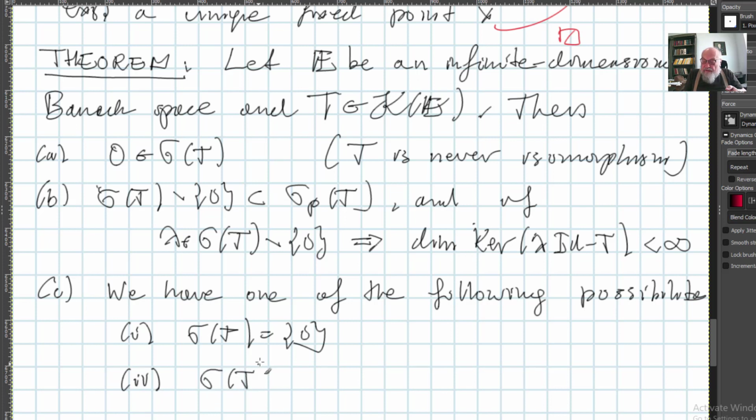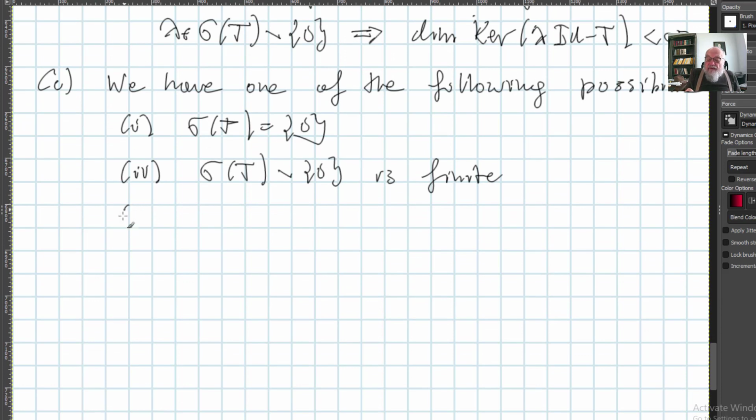The second possibility is that sigma of T minus 0 is finite, so it can be composed of finitely many eigenvalues.